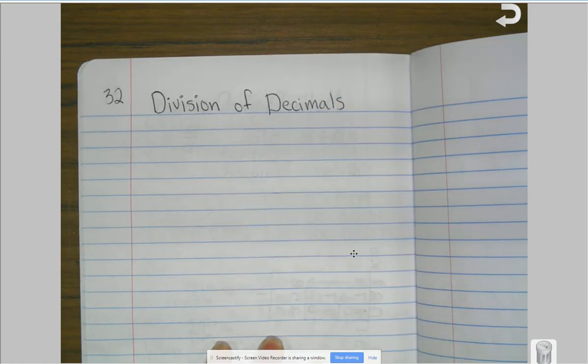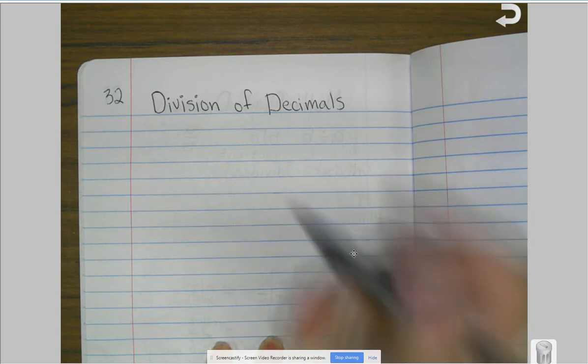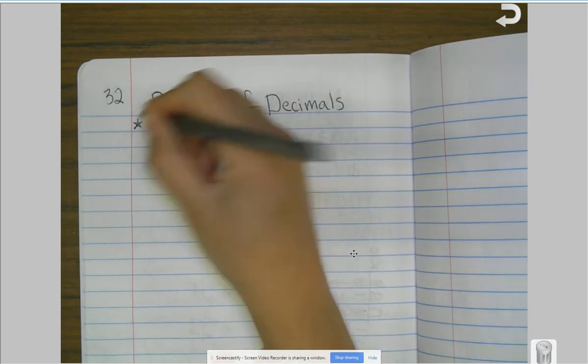Okay, we're going to write a couple of things and then we're going to turn our notebook again. So first thing, I want you to put a little star here.